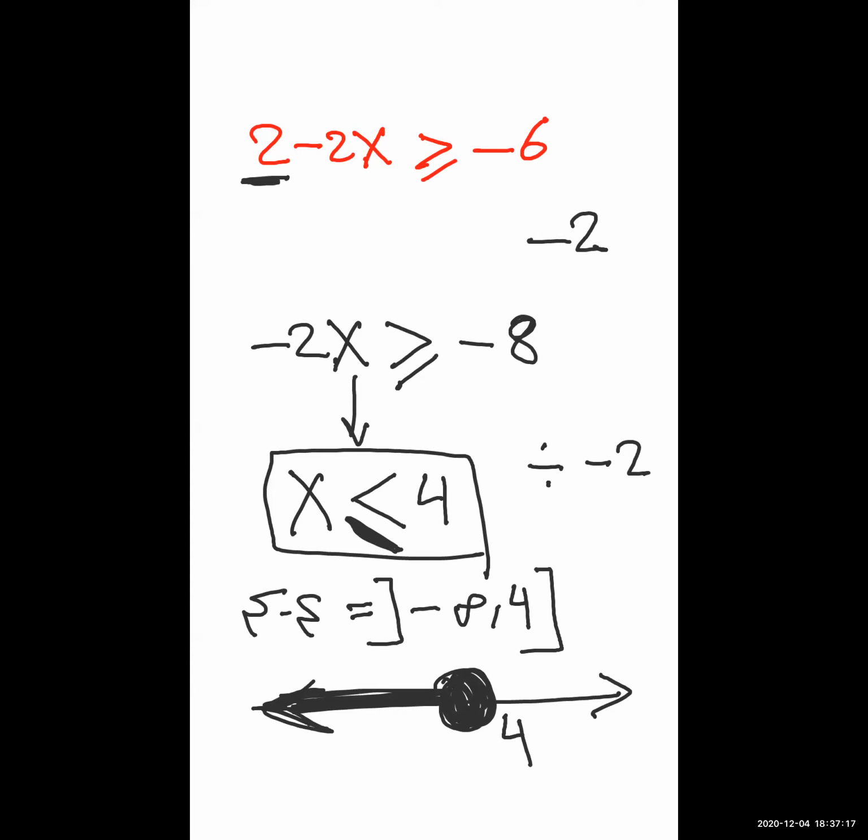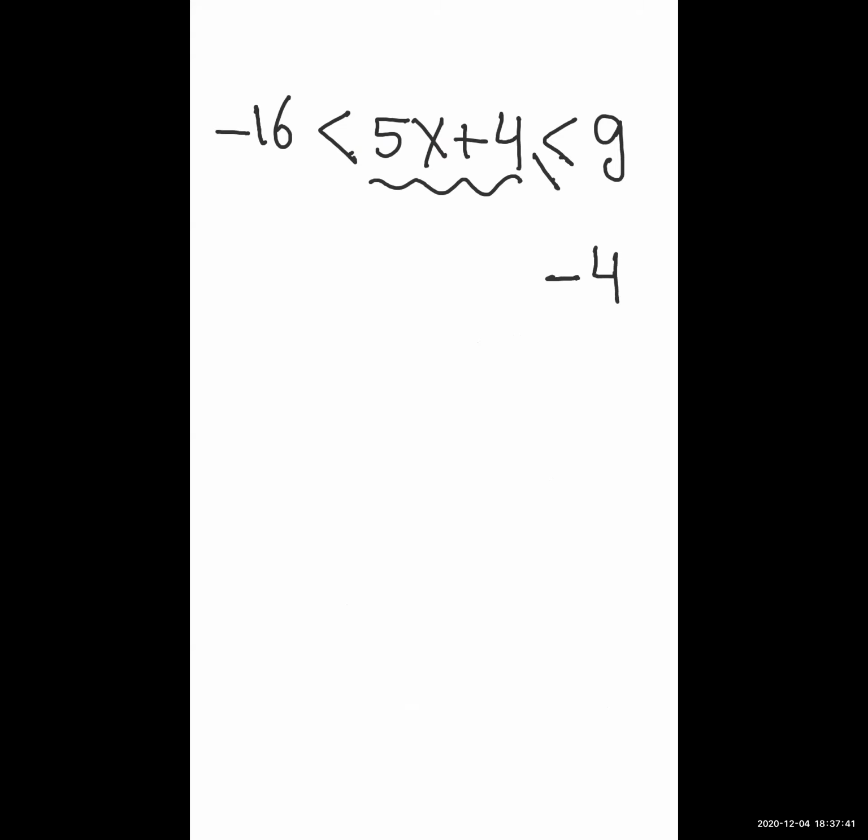One more example like this one. If it's 5x plus 4 greater than -16 and less than or equal to 9. Now 5x plus 4, I want to remove this 4, so subtract 4 from all the sides.